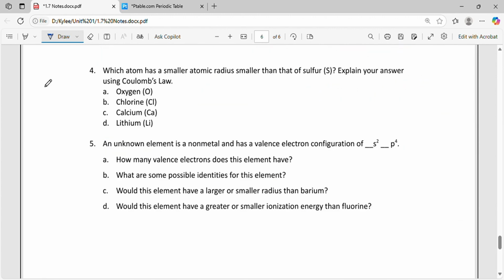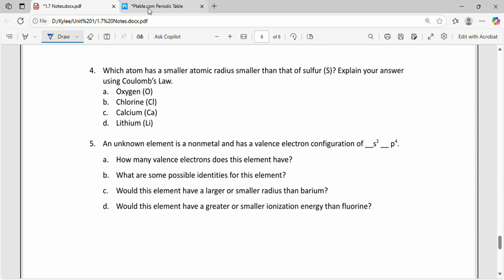On number 4, they want us to say which atom has an atomic radius that's smaller than sulfur. And they want us to explain our answer using Coulomb's law. And first, I think that we should take a look at where these are on the periodic table.